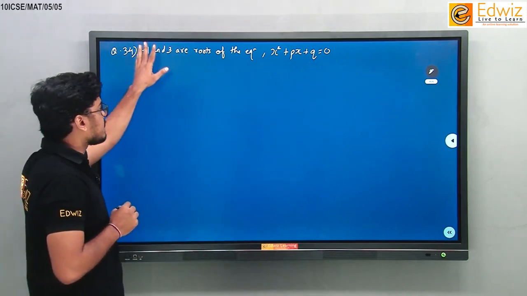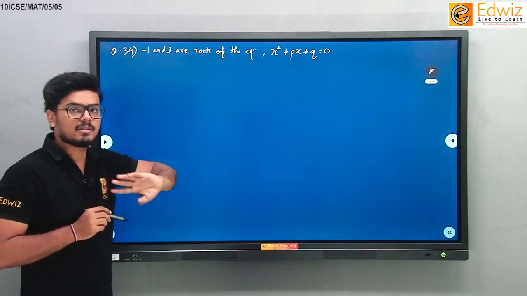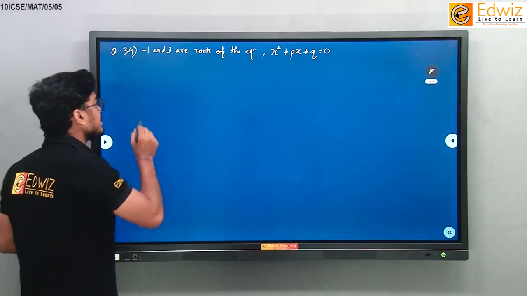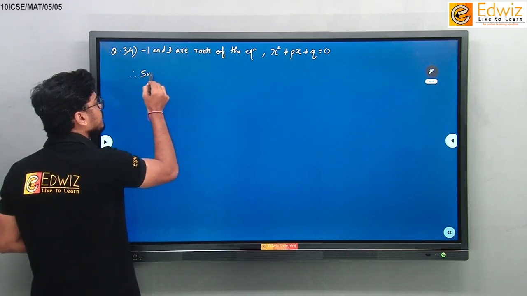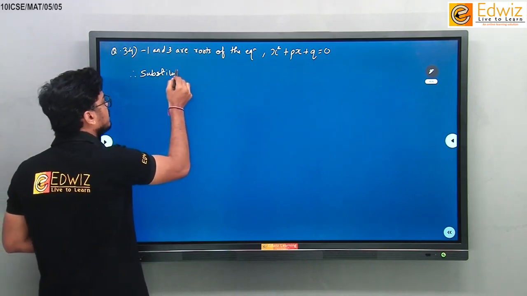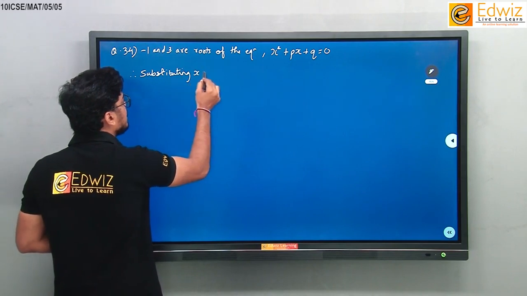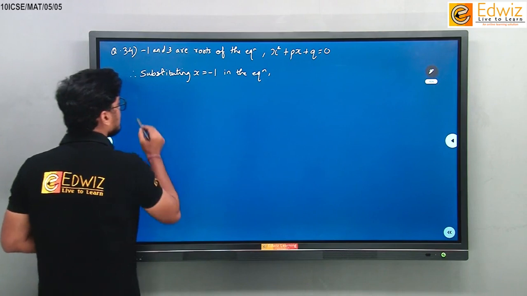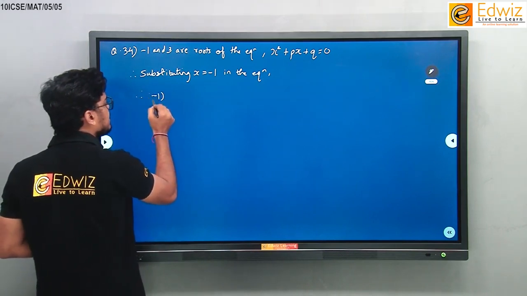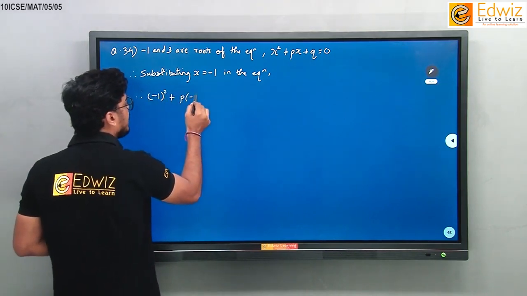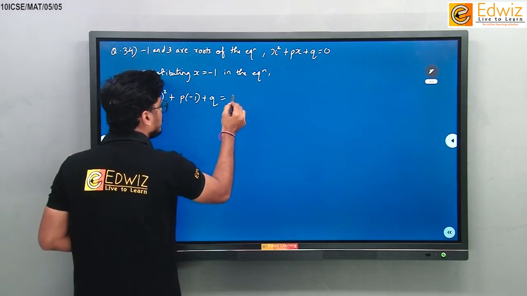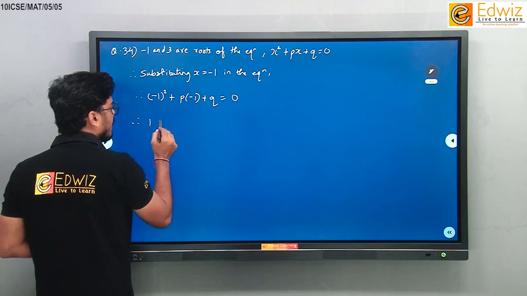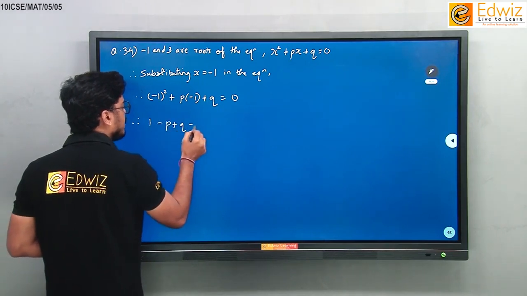So simply substitute minus 1 once in that equation, and then after that substitute 3 once in that equation. First let us start with minus 1. Substituting x equal to minus 1 in the equation, it will become minus 1 square plus p multiplied by minus 1 plus q equal to 0, which makes this equation 1 minus p plus q equal to 0.